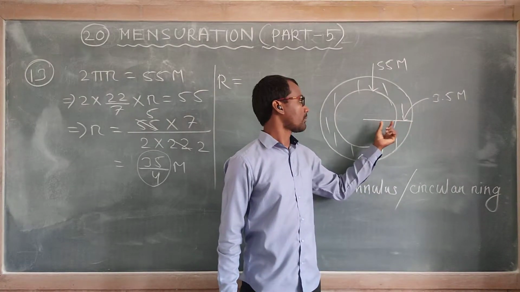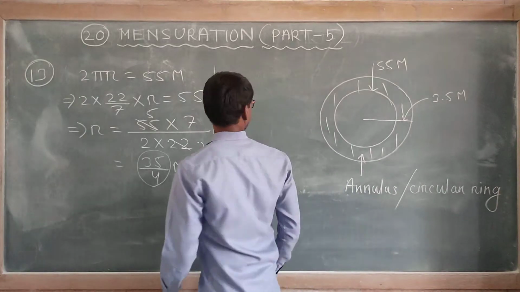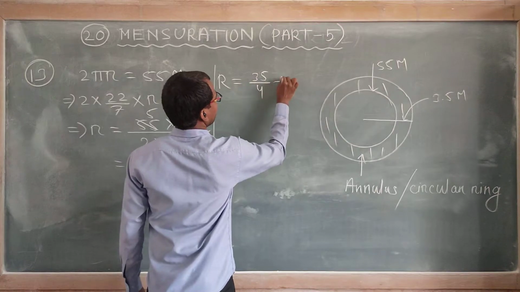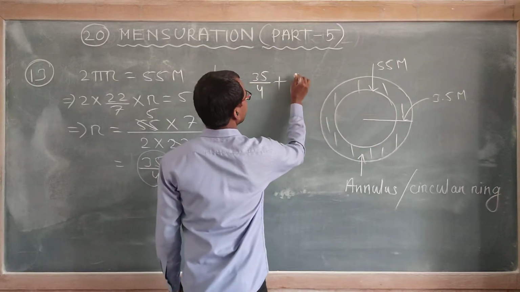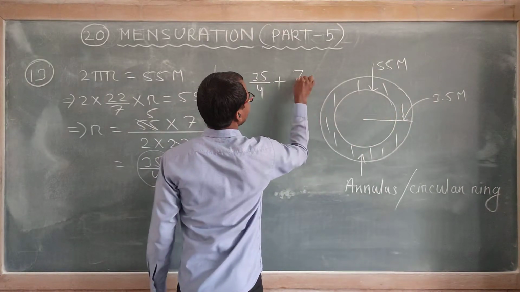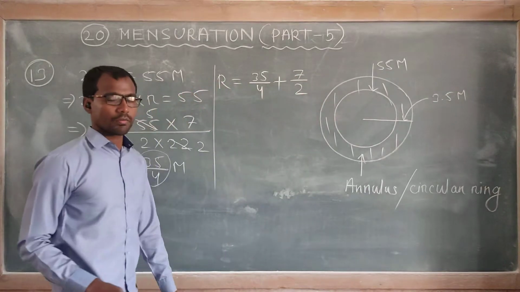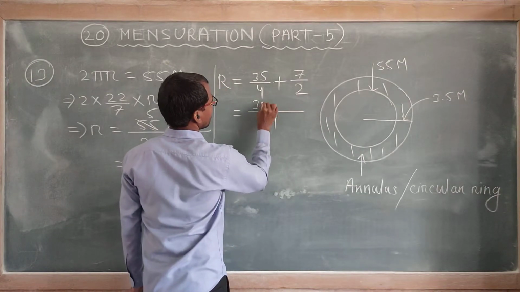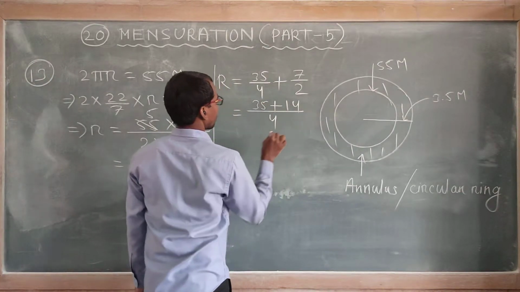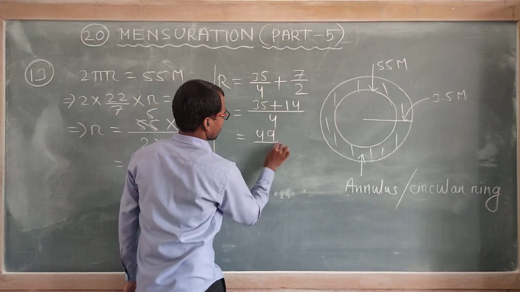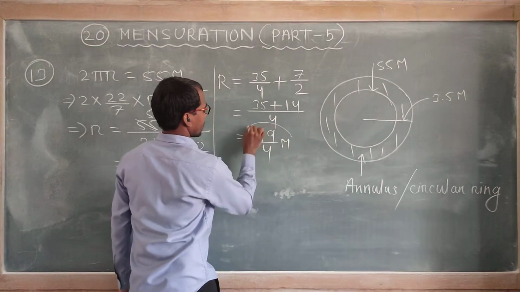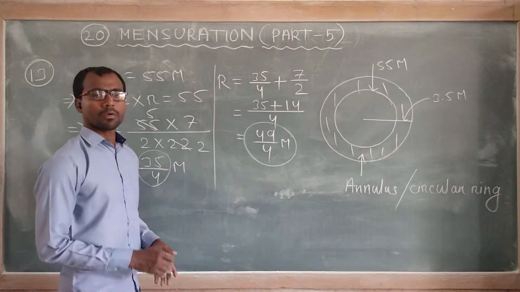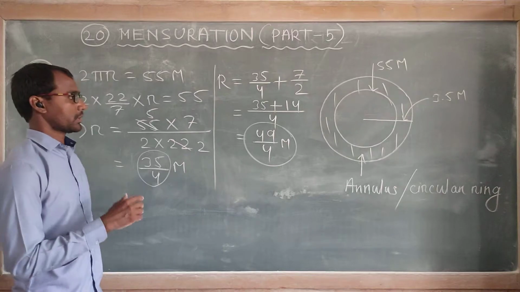Small r is 35 by 4 and width is 3.5, which means 7 by 2. On taking LCM, 35 plus 14, which is 49 by 4 meter. So now we have small r and capital R. We can easily find the area of the path or annulus.